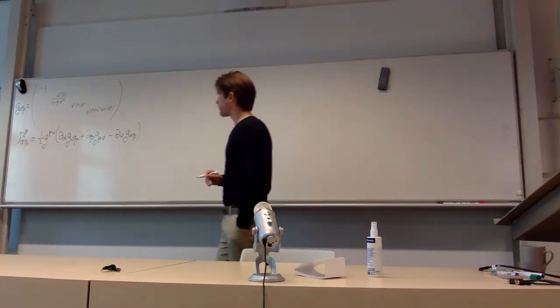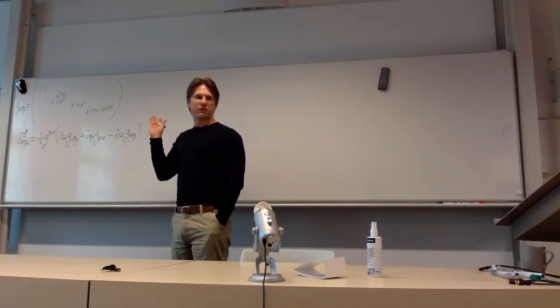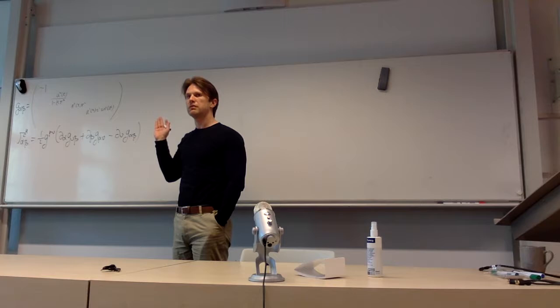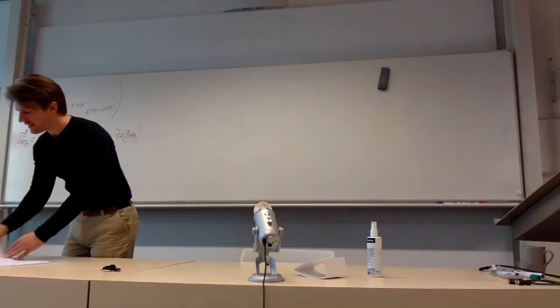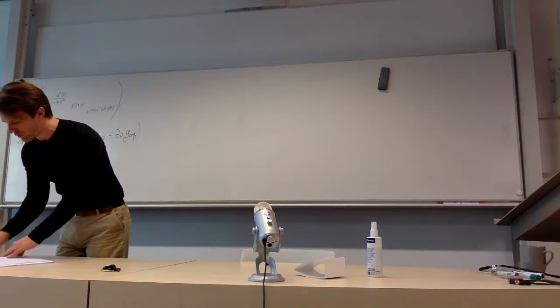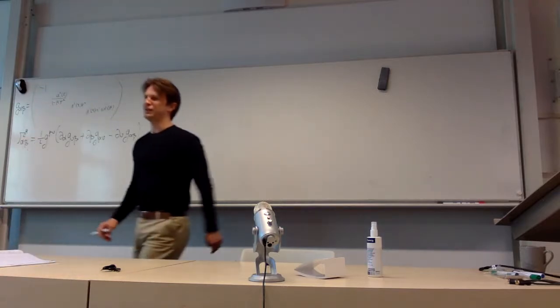Okay, there we go. Here's our metric. We have a number of Christoffel symbols. I found about 12 or so that are non-zero. It goes 13? Let me just count how many I had. I have 1, 2, 3, 4, 5, 6, 7, 8, 9, 10... 13. I got 13.